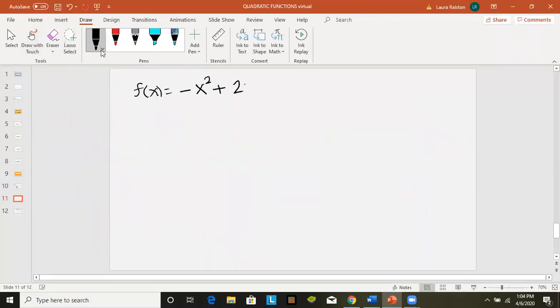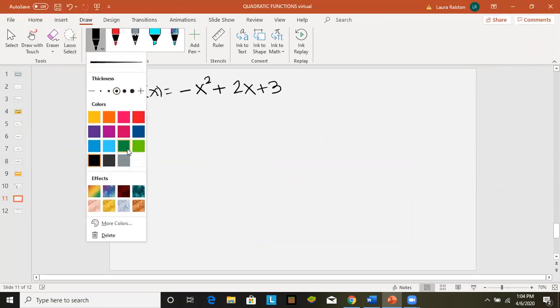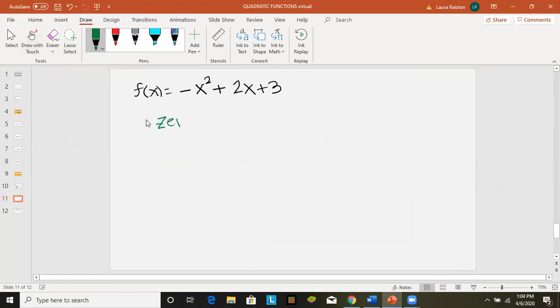Okay, so it's the same equation, and now I need to find my zeros or my x-intercepts. To find the zeros or x-intercepts, we let y or f of x equal 0, and we solve.